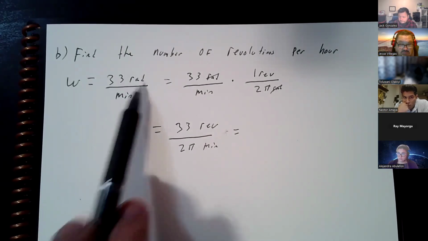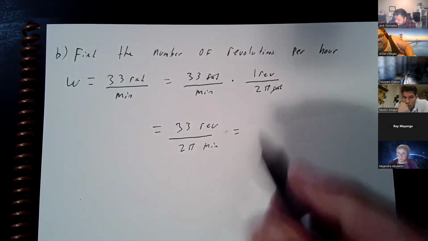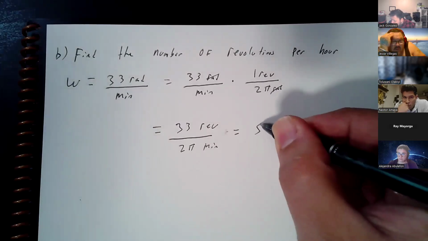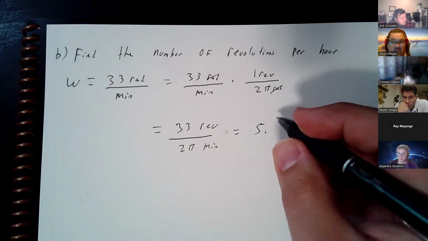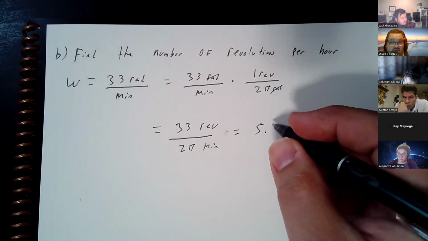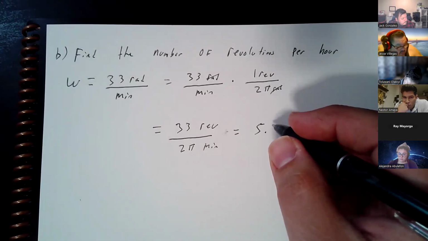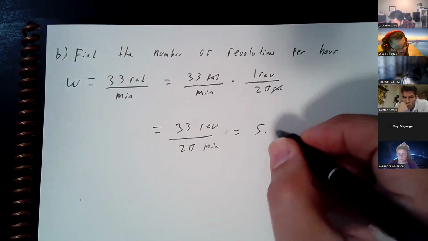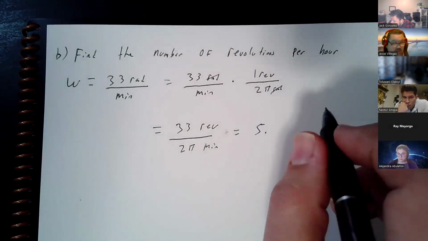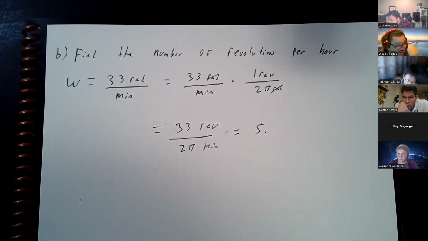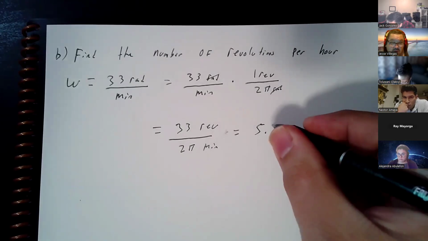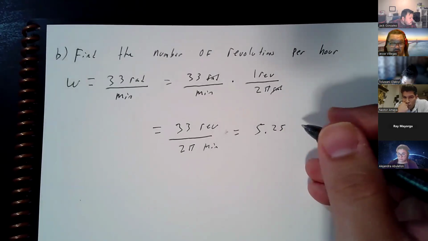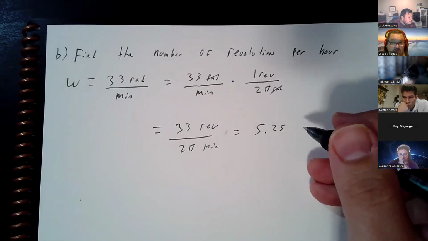Okay, Madeline? So that'll be 5 point something. I guess we'll round to 2 decimal places for now.